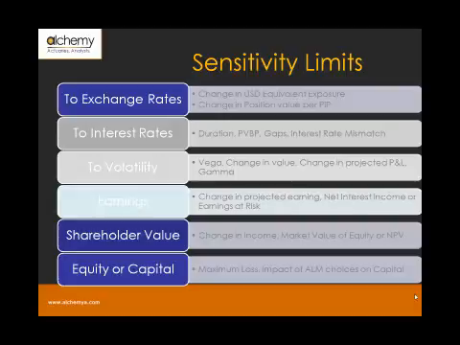On the interest rate side, you look at duration, PVBP, caps, and interest rate mismatch. On the vol side, you look at vega, changes in value and changes in projected P&L, as well as gamma. Earnings side, we've already spoken about NII and earnings at risk report. On the shareholder side, we looked at market value of equity and PV reports. And on the equity and capital side, we just want to look at what happens to the overall surplus position of the bank or the desk if things go wrong.